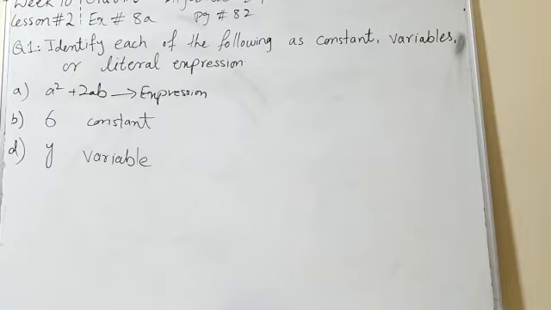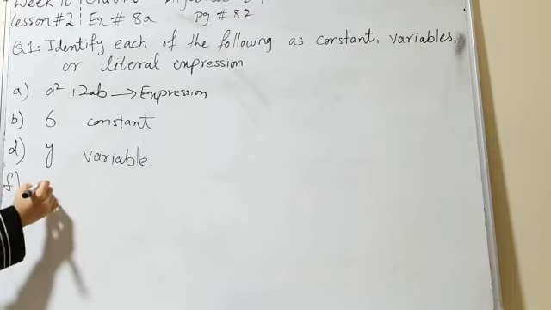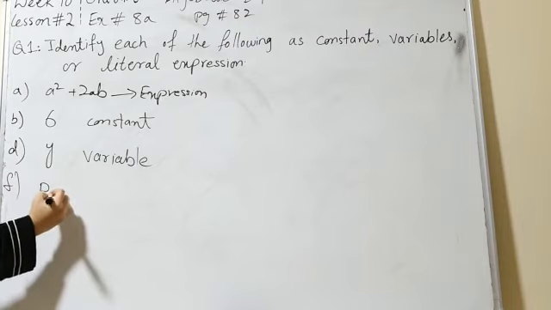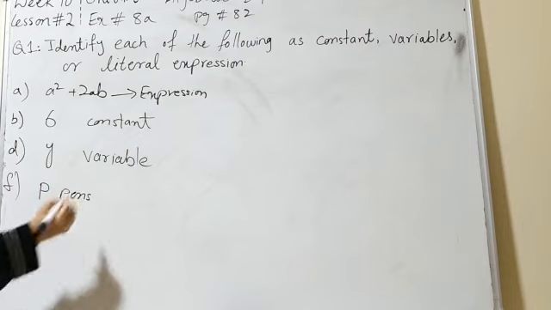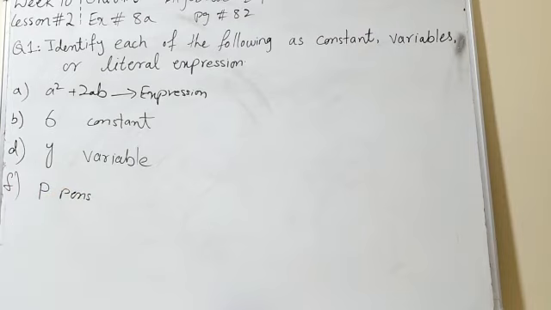Let's do one more part here, that is F part. P pence. P pence means we do not know the value of P, that how many pens are there. So this type of, you can see, this is called literal, or we can also say variable.